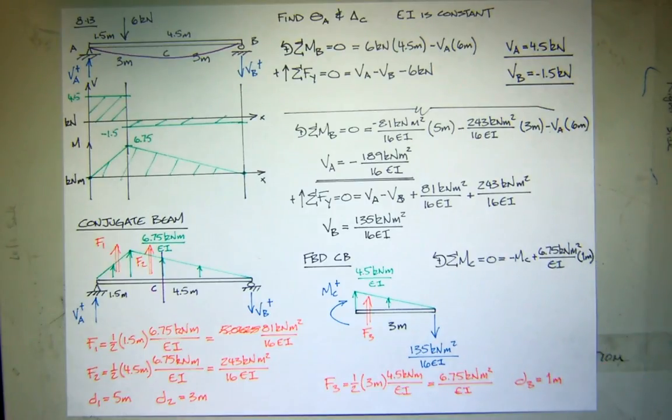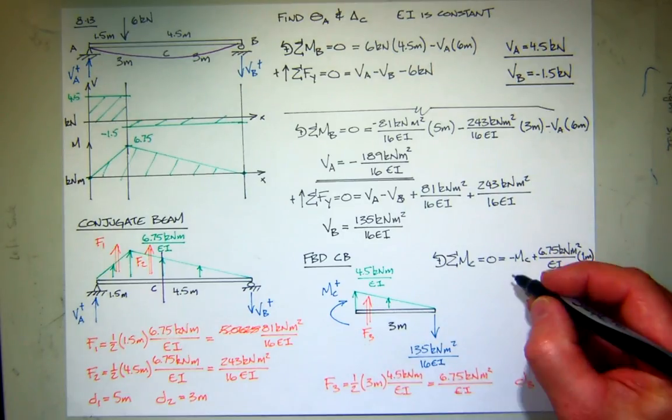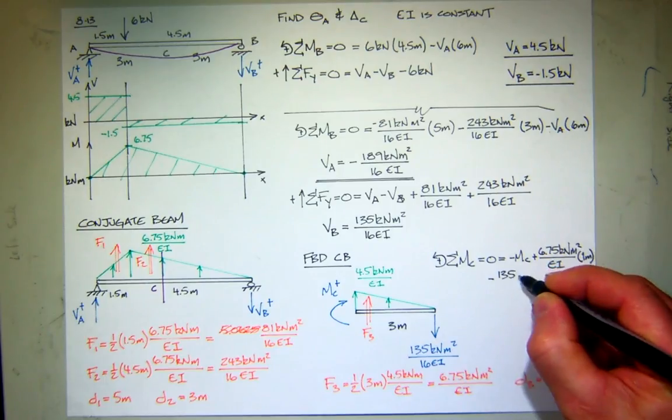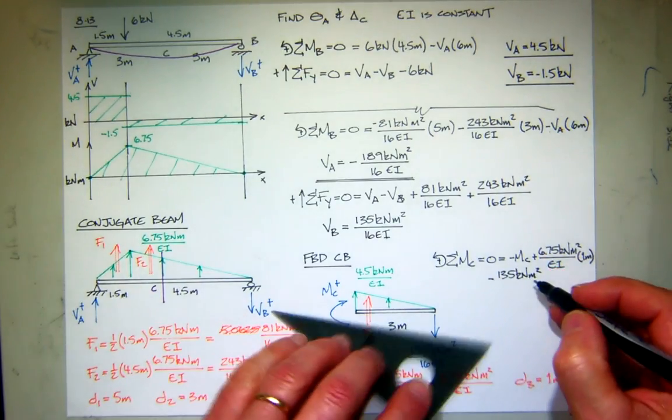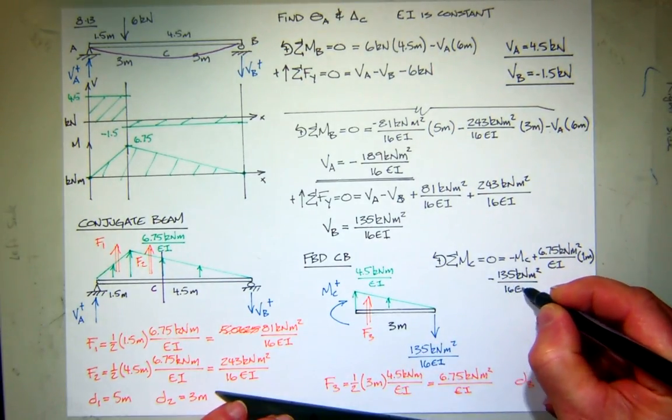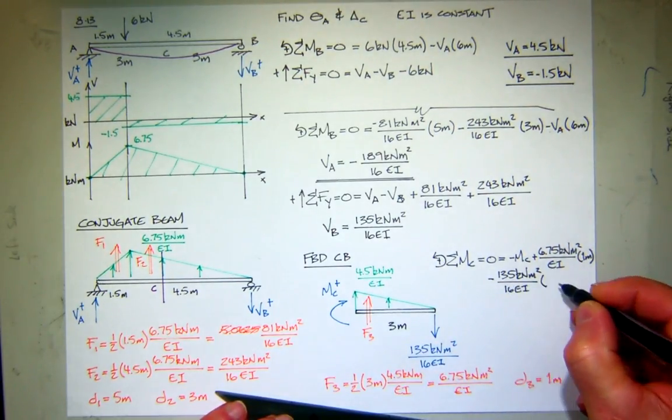That's really close. Can you guys even see that? Oh yeah, you can. And then this reaction force out here is negative, so that'd be minus 135 kilonewton meters squared divided by 16 EI. That's the force, and the distance is 3 meters.